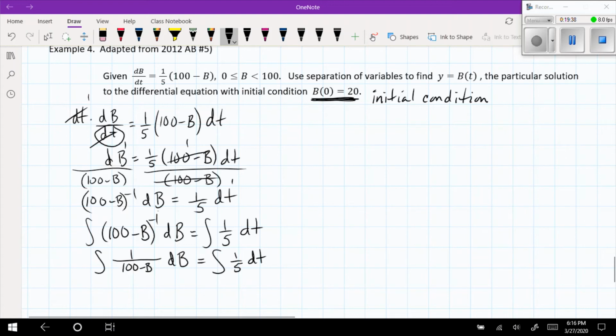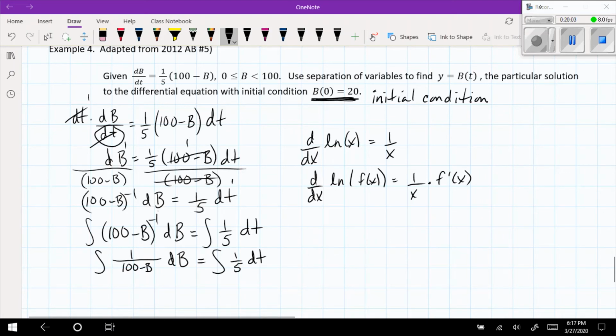So let's go to the side here and just review for a minute. If I asked you to take the derivative with respect to x of the natural log of x, you should remember that this is 1/x. If I asked you to take the derivative with respect to x of the natural log of some function of x, you should know that this is 1/x multiplied by the derivative of that function.